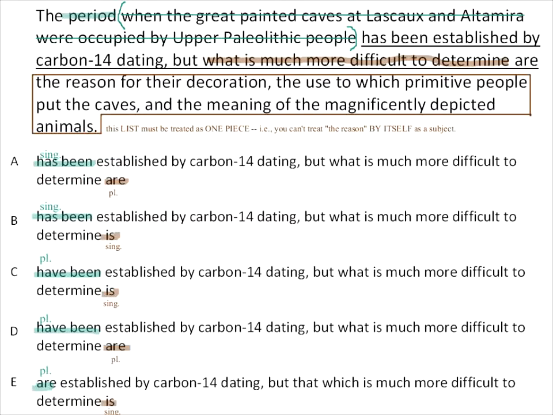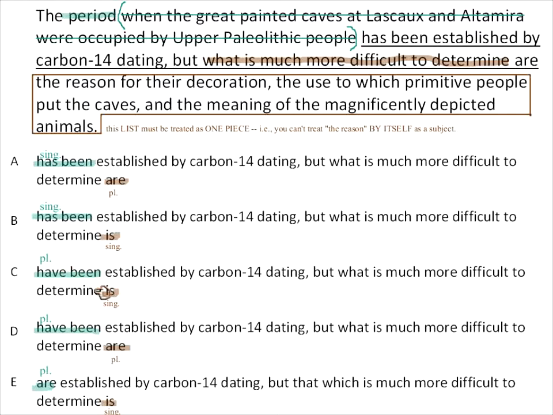When we're talking about eliminating, it's like this. This thing that we crossed off here is a subordinate clause. Great Painted Caves, for example, is not a subject because it's trapped in a subordinate clause. It is the subject of this other verb, which is trapped inside this clause, but not the subject of the main sentence.